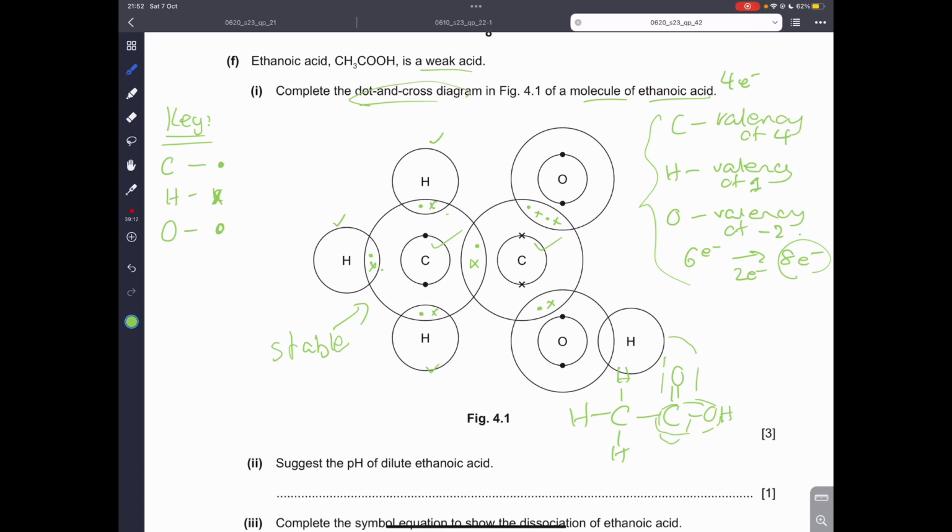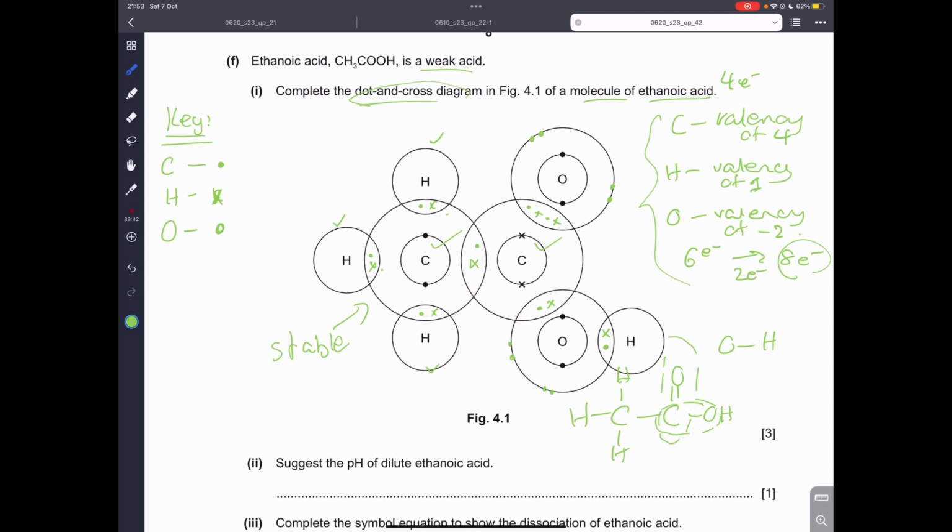So if we put a double bond in here, there are going to be 4 more oxygen electrons left, and we give 1 electron, so there's going to be 4 more here as well, because this oxygen is also going to be bonded with hydrogen. So 1 hydrogen, 1 oxygen, so it's going to be balanced.